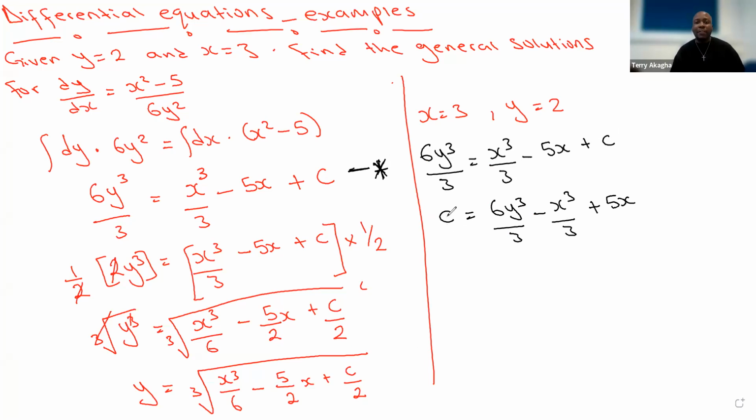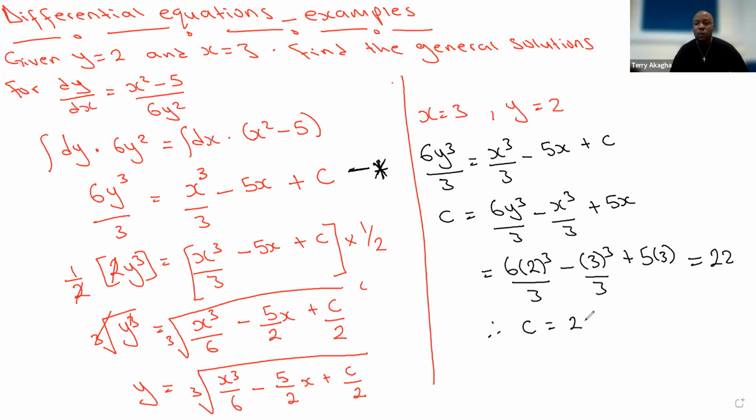All right, so we can get c now because I know my x to be 3 and my y to be 2. So I put it into the equation now. So it's going to be 6 times 2 cubed over 3 minus 3 cubed over 3 plus 5 times 3. And when you press this in your calculator, it should give you what? 22. So therefore, c is equal to 22.